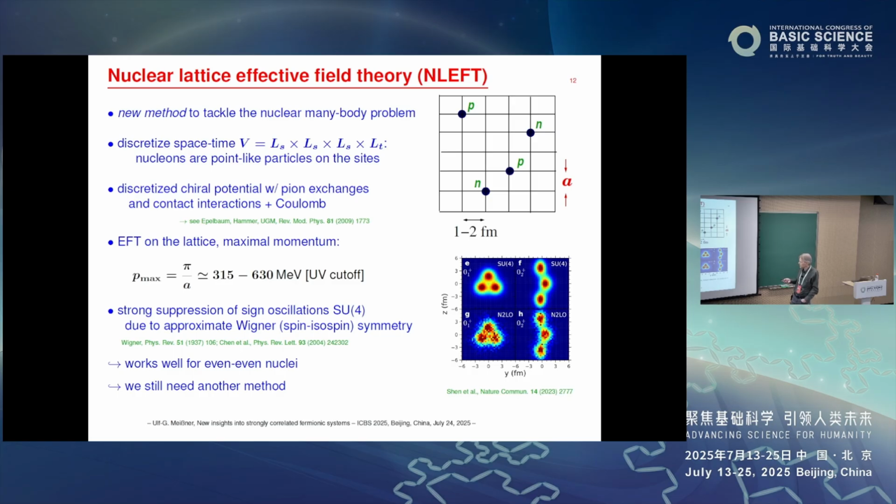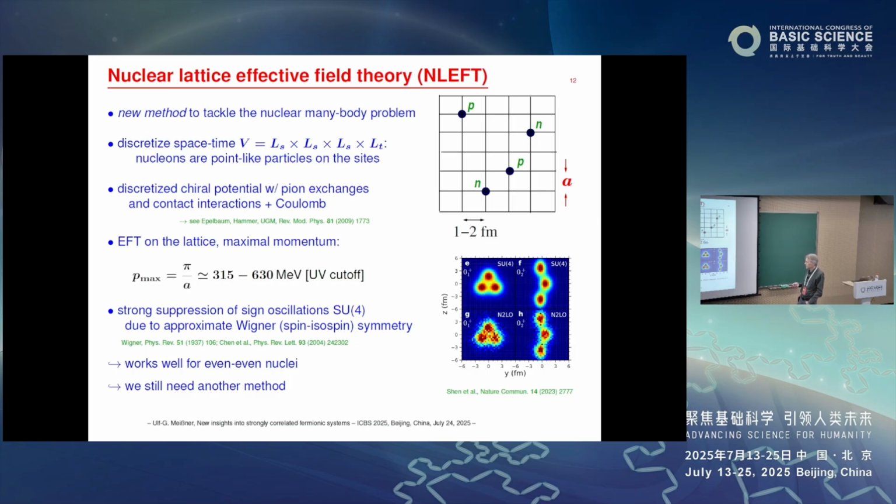So here you see a simulation of the ground state and the first excited 0 plus state, the so-called Hoyle state. These are tomographic pictures in the XY plane. This is with an SU4 symmetric interaction where you have no sign problem. And this is with an SU4 non-symmetric interaction, which is maybe more precise, but you see these horrible sign problems, so the signal is much, much worse.